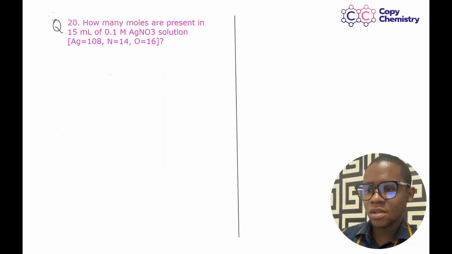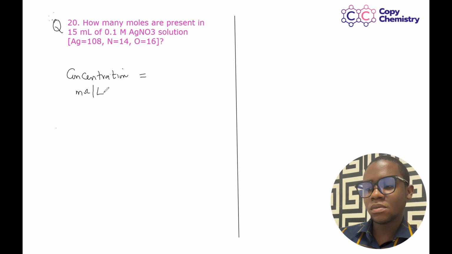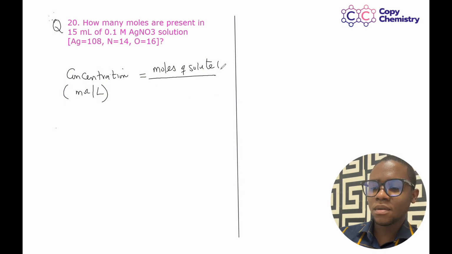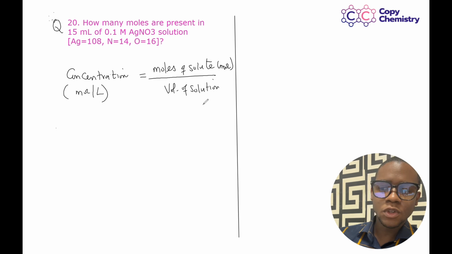Okay, so are we ready? 20 here is actually quite easy. You're supposed to remember that concentration in moles per liter is equal to the number of moles of solute divided by the volume of solution in liters.